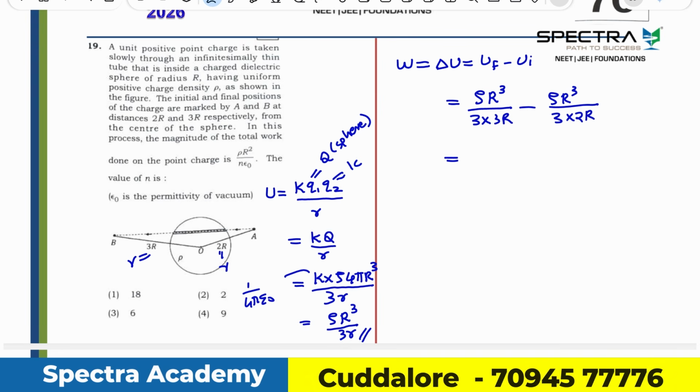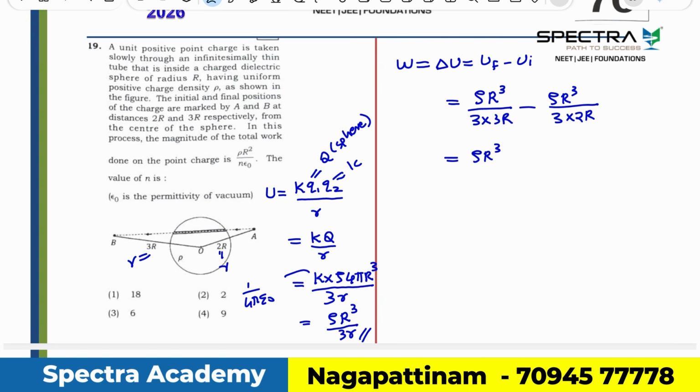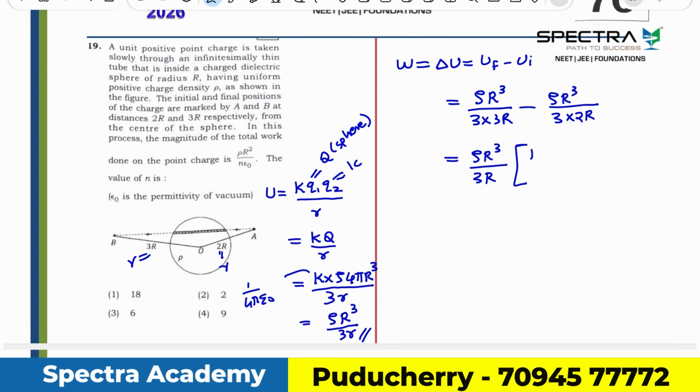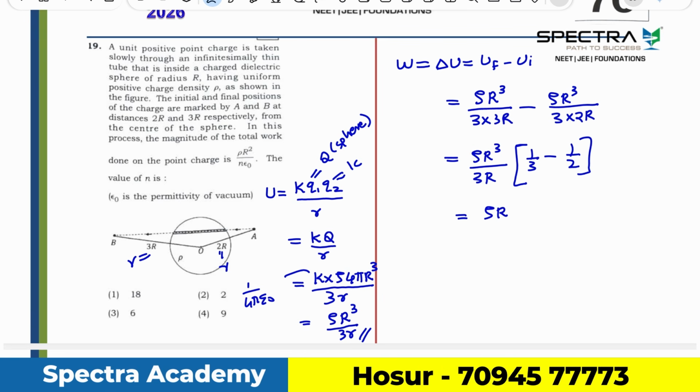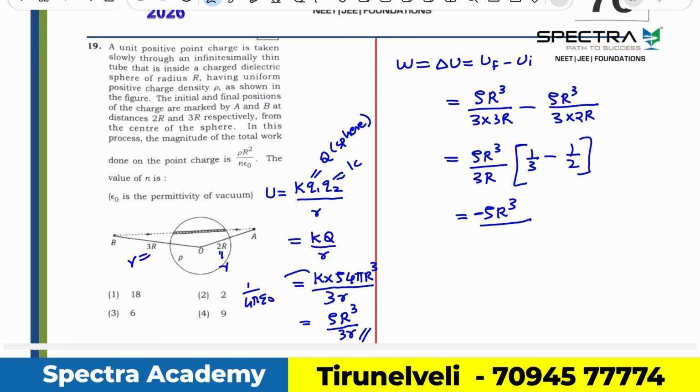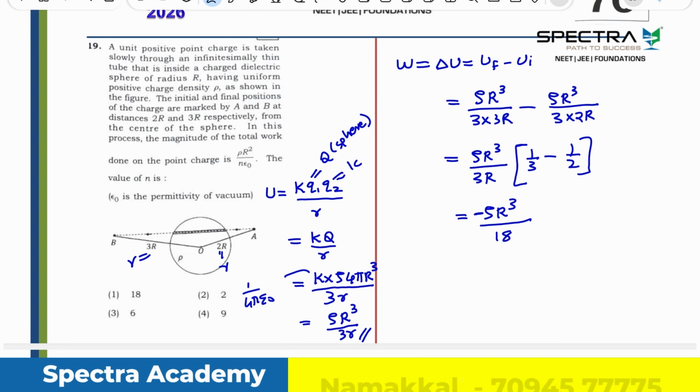So this can be written as rho r cube by 3r into 1 by 3 minus 1 by 2. So what you get is rho r cube minus rho r cube divided by 3 into 2 is 6, again into 3, that is 18.